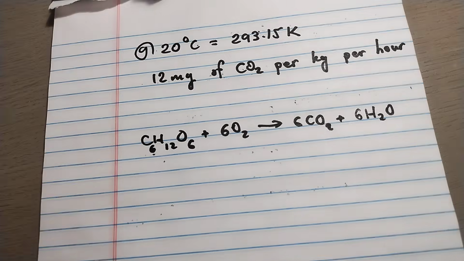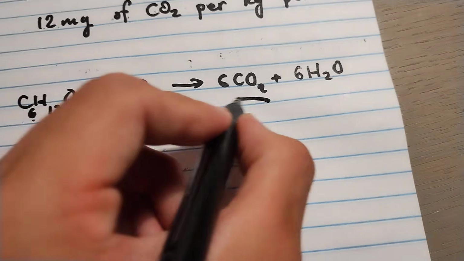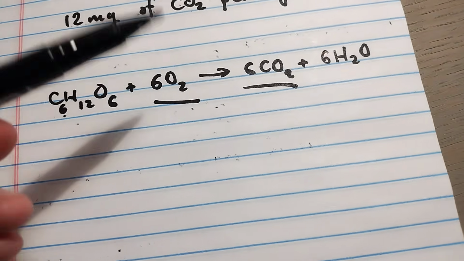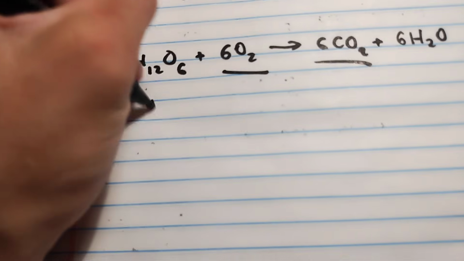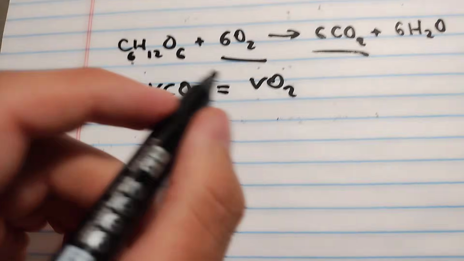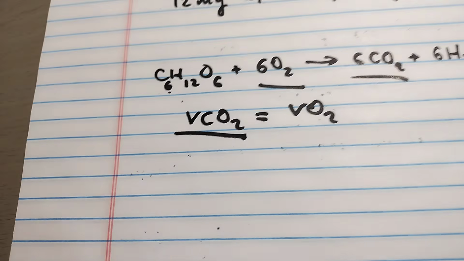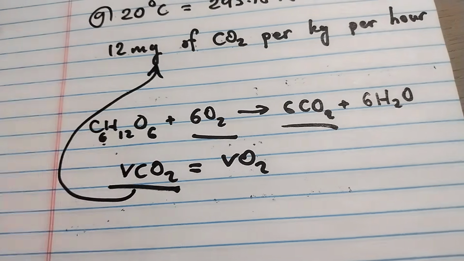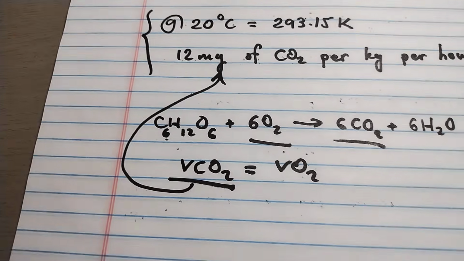This equation, it's balanced, is known as cellular respiration. And you can see that the moles of O2 going in are the same as the moles of CO2 coming out. So this tells us that VCO2 equals VO2. And that means to calculate the VO2, we only need to look at the VCO2, which we can calculate after a bit of work from this critical piece of information here.